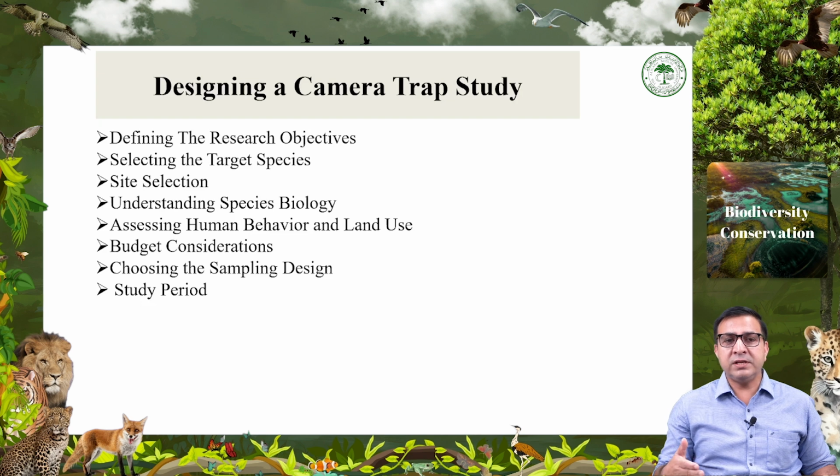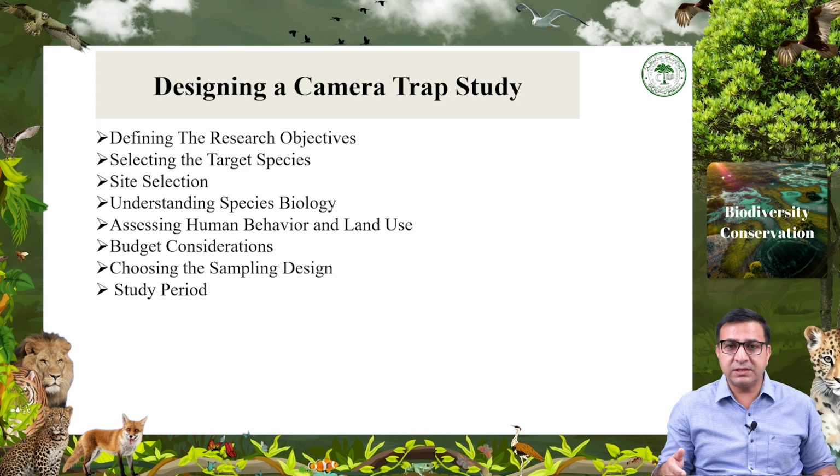Another important thing in camera trap studies is designing the study. Designing a camera trap study requires careful planning and a clear focus on the research objectives. The first thing we need to do is define whether we are studying a population, a community structure, or population distributions.